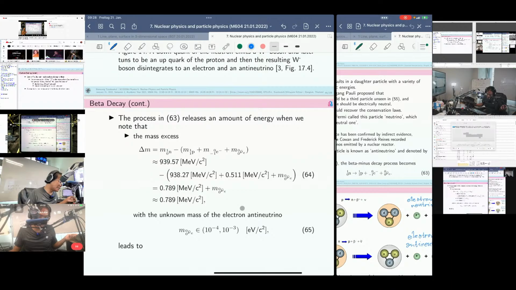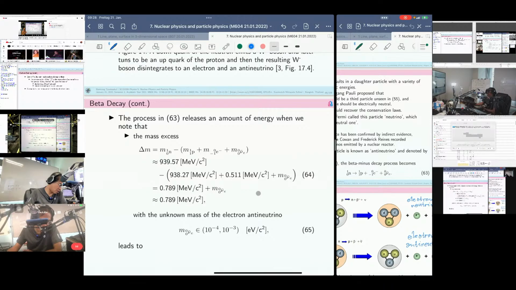You could see the neutron or proton mass is almost 2,000 times greater than the electron mass, but the neutrino mass is a million times less than the electron mass, and it's not even 1 eV, it's 1 by 10,000 or 1,000.